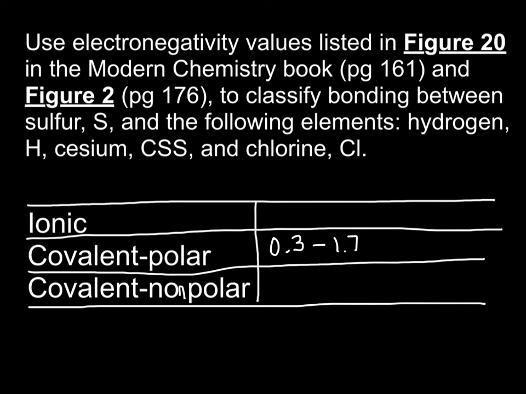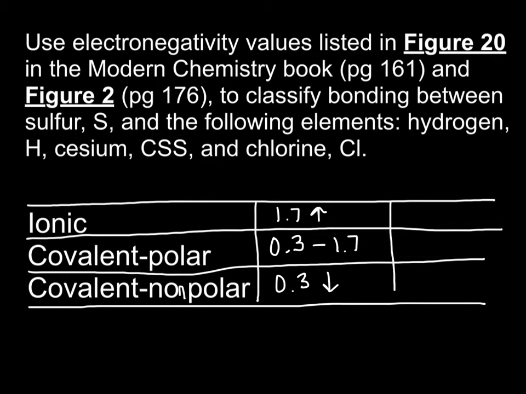If your difference in electronegativity is 0.3 or lower, then you're dealing with a nonpolar covalent bond. And if the difference in electronegativity is 1.7 or higher, then you're dealing with an ionic bond. So we can look at the electronegativity values and tell exactly what type of bond we have.